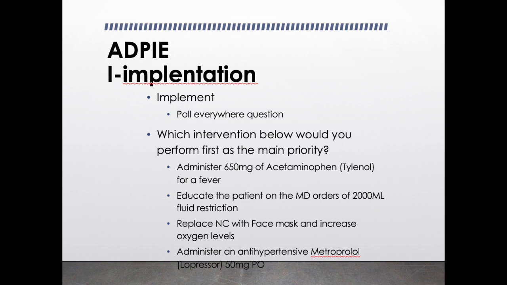All right, so this one, the main answer you should have chosen was number 3 or C, replace the nasal cannula with a simple mask. Why? Well, let's remember that the nasal cannula, the clear tubing, only goes from 1 to 6 liters.